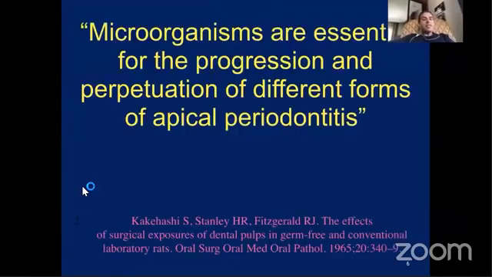This fact has been obvious since 1965, when Kakehashi told us microorganisms are essential for the progression and perpetuation of different forms of apical periodontitis. So we have accepted this fact since that time. Without microorganisms, a periapical lesion will not form.